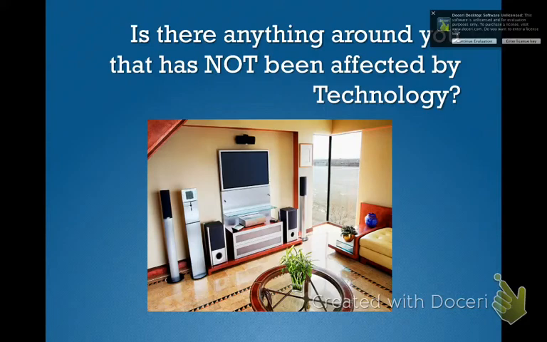Well, the air has been filtered by something, or it's been polluted by the cars. Some of the food we eat, again, it's been touched by technology to some part. The answer is really nothing has not been affected. Everything around us has been affected by technology, in some shape or form. You can try to stump me all day long, but everything has been touched.